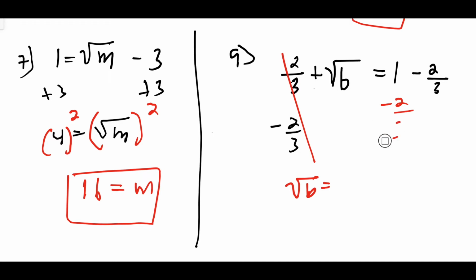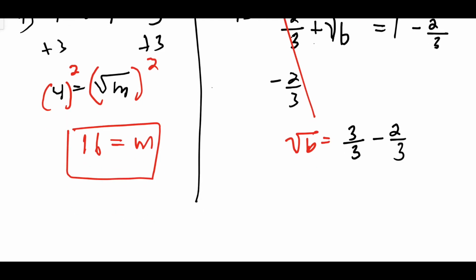So just put it to the right of the 1. I love when there's a 1 plus or minus a fraction, because I'm just going to immediately go 3/3 minus 2/3. All right, so then what do I get? Root b is equal to 1/3. Now what do we do?